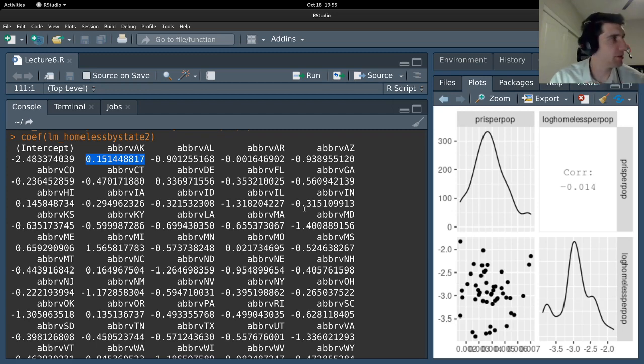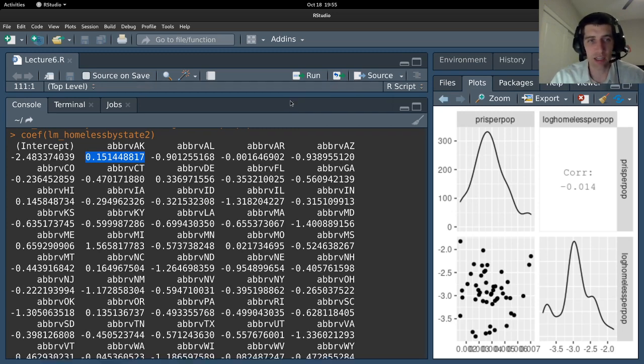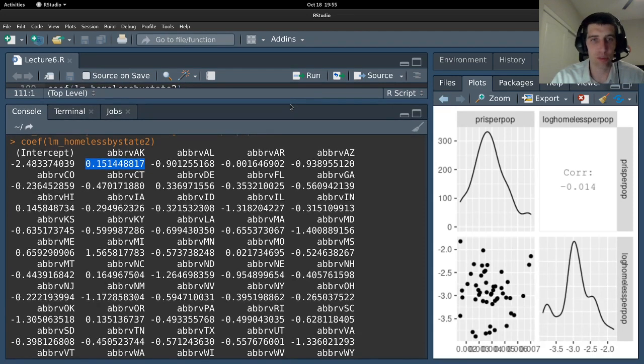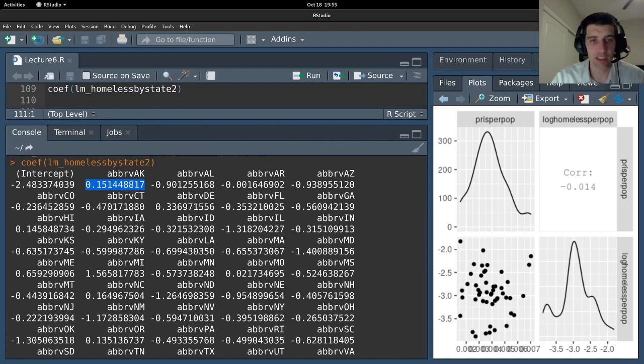One of the best examples I've seen of the usage of the reference category in this class is a student who did a project predicting vehicle prices based on different attributes of the vehicle.